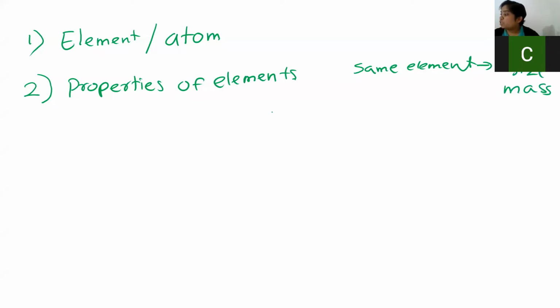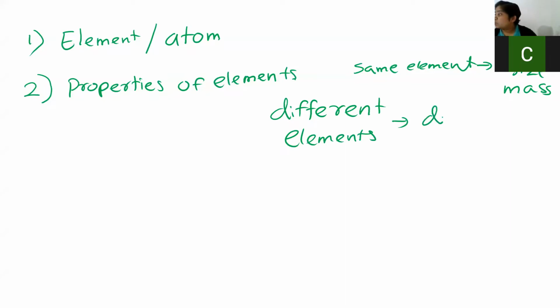If you have different elements, then you're going to have different sizes and masses.